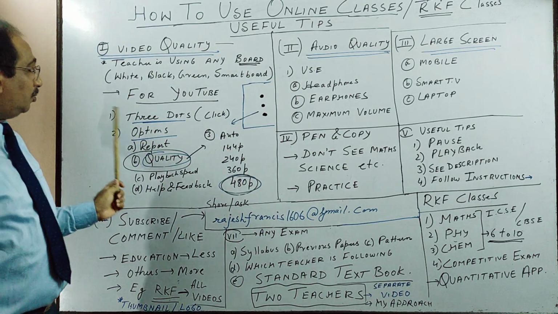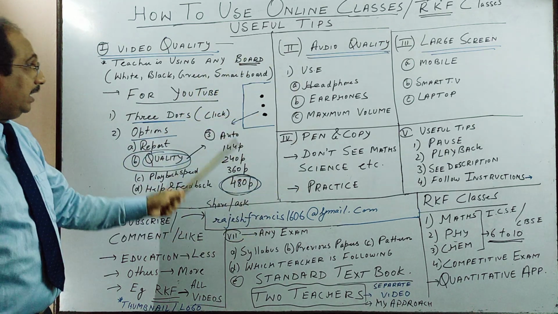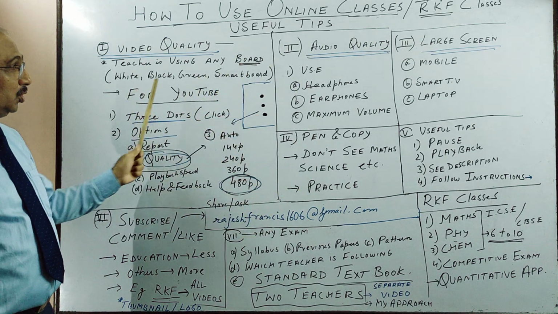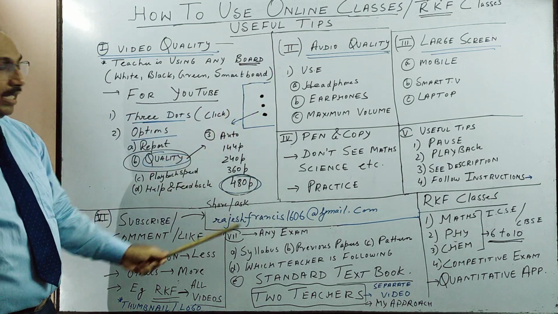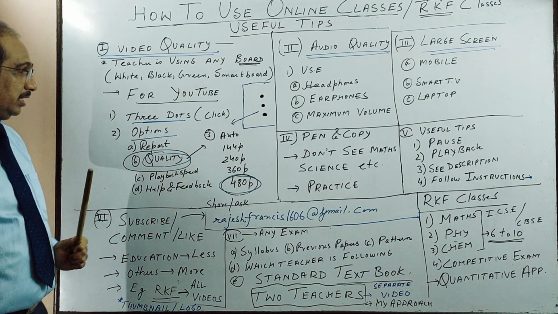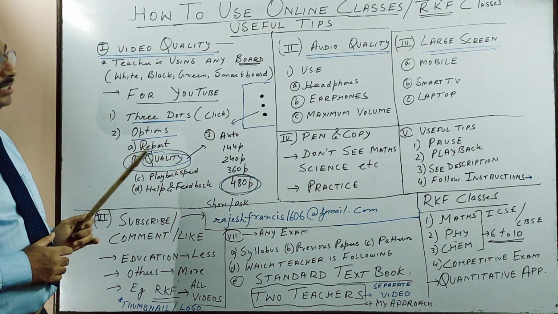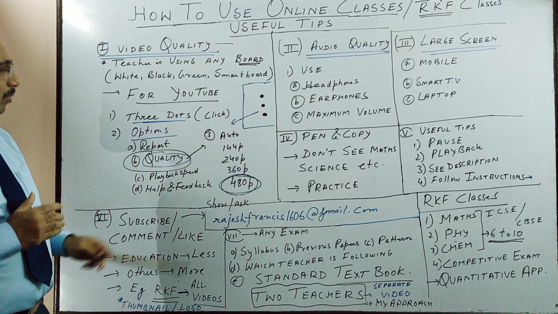Once more, for any teacher using a board when writing, if you are watching on YouTube, there are 3 dots on the right side corner, click on that, click on quality, go for 480, and then you will get the picture nicely. So before watching any YouTube video, please follow this.